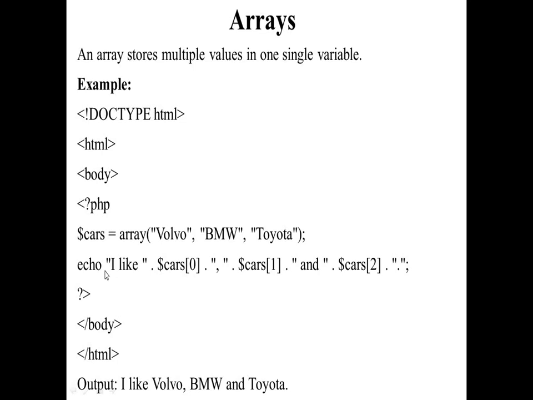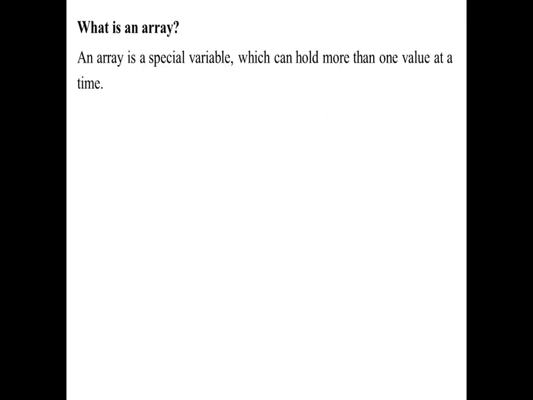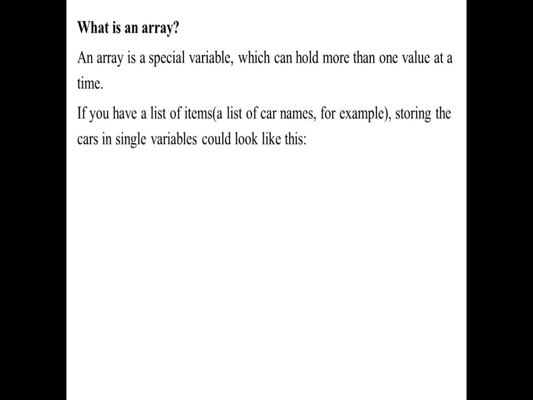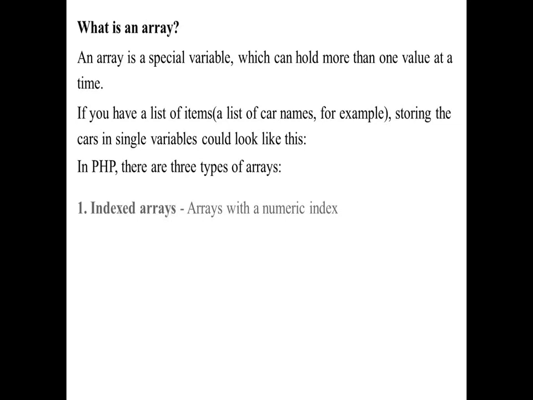If you want to access the values of an array, you have to call its index, and the index always starts with 0. An array is a special variable which can hold more than one value at a time. If you have a list of items, like a list of car names, storing the cars in a single variable could look like this.